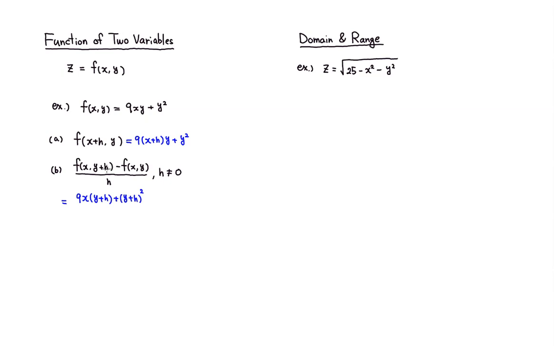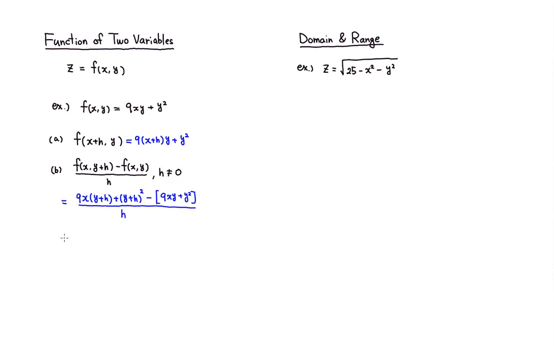This is just that part. Minus, then you're subtracting f of x comma y. This is just the original function, so I'm going to copy that exactly. Then we just have to divide this whole thing by h.